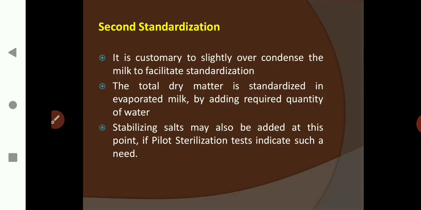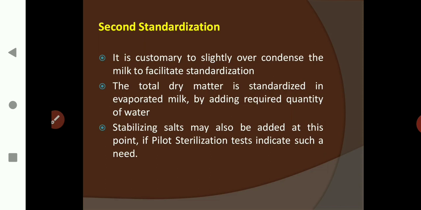Now comes the second standardization. It is similar to the third standardization in sweetened condensed milk. Normally what they do, they will over-condense the milk to facilitate standardization. Okay. And here we have to add some stabilizing salts, because when you concentrate milk, its heat stability is affected.